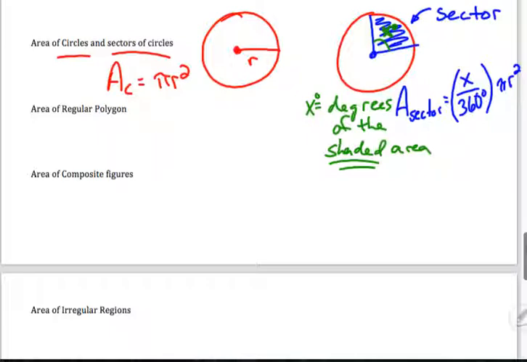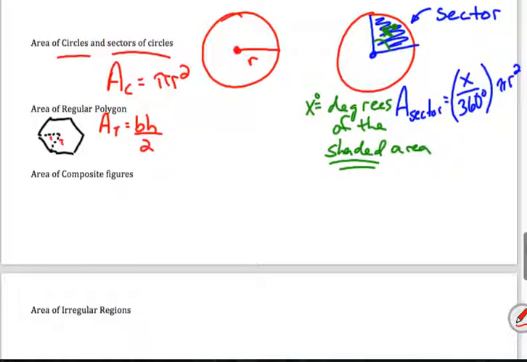For area of regular polygons, that's these hexagon things that I taught you to break into triangles. The reason we did that is we know the area of a triangle is equal to base times height divided by 2.